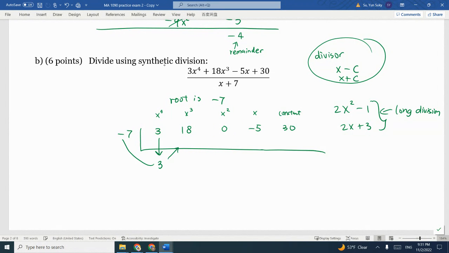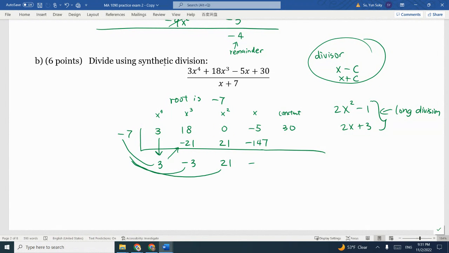Okay, now we go. 3, put it down. 3 times negative 7 is minus 21, put it right here. 18 minus 21 is negative 3. Negative 3 times minus 7 is 21. Add them, 21. 21 times minus 7 is minus 7 times 2, 14, 7 times 1, 7.